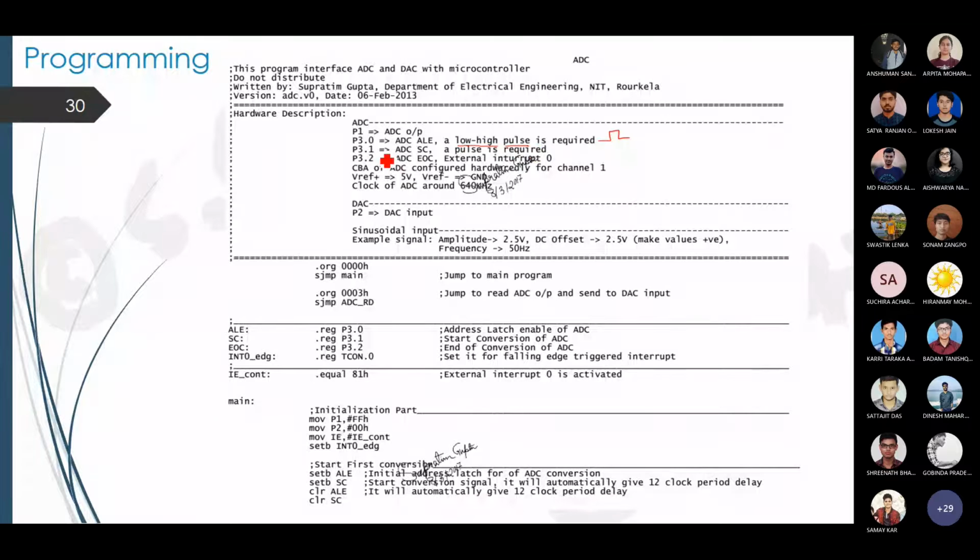Then P3.1 is ADC start conversion, again a pulse required. Then P3.2 is ADC EOC, which is actually connected to external interrupt 0, so INT 0.